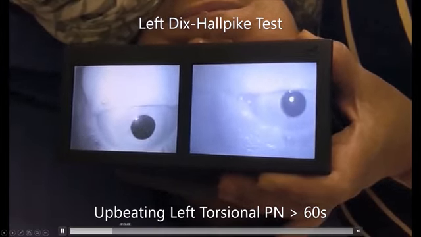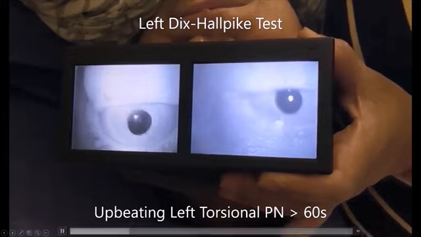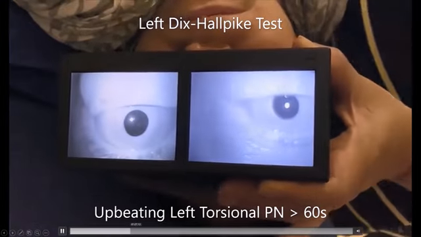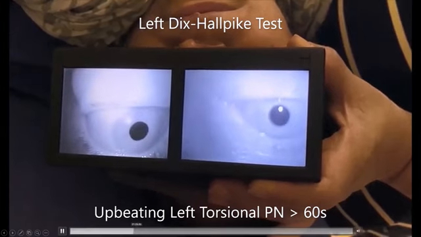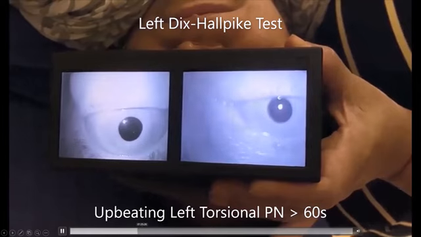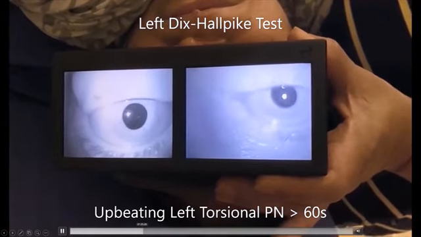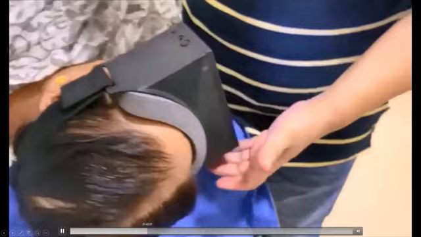At 1 minute and 15 seconds, it is still present. So now at 1 minute and 45 seconds, the inversion test, that is right lateral recumbent with nose down, is being carried out.